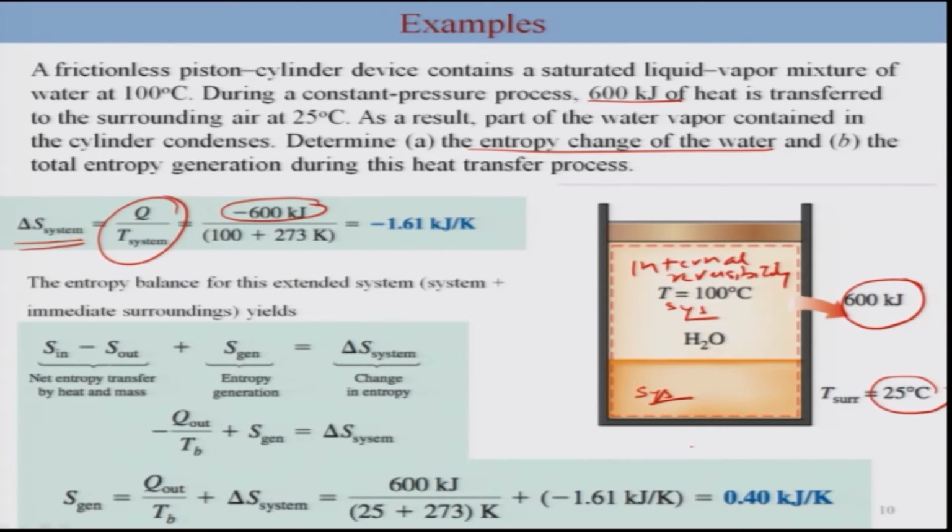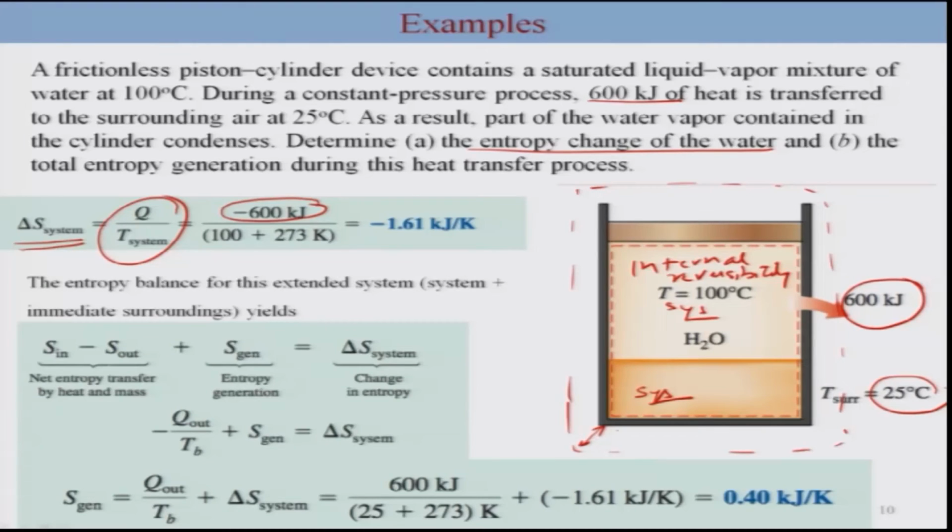okay. Now in order to find out the total entropy generated, we will be considering slightly the region outside the system, which will include the immediate surrounding where the irreversibility is associated, and where you have the temperature gradient, because of the temperature gradient from 100 degrees Celsius inside to 25 outside.